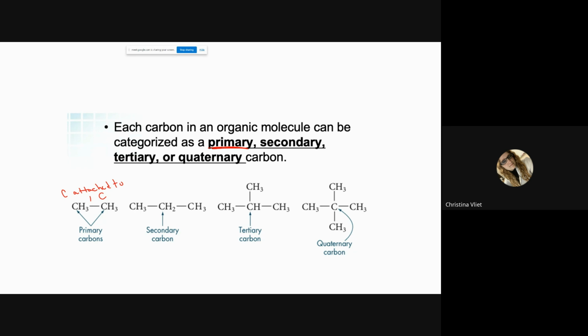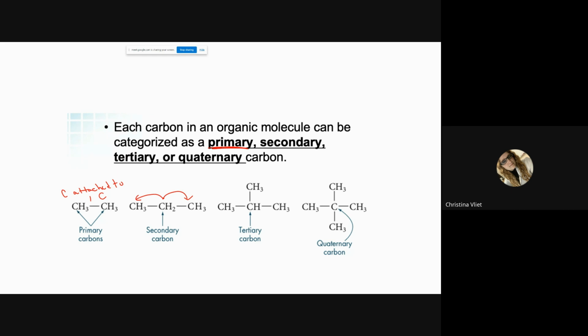A secondary carbon is one that is attached to 2 carbons. So this carbon in the middle is connected to a carbon on the left and a carbon on the right. We call this a secondary carbon.